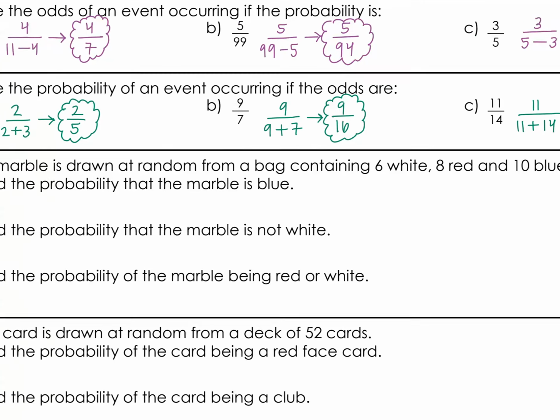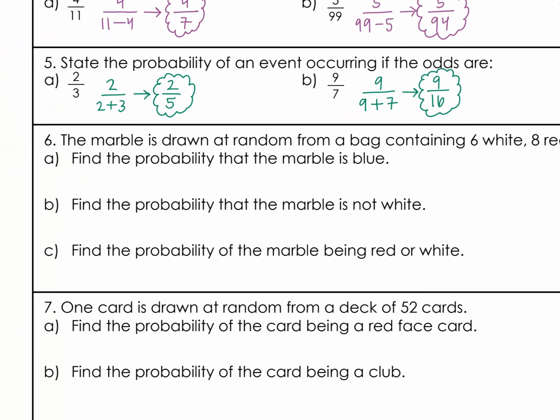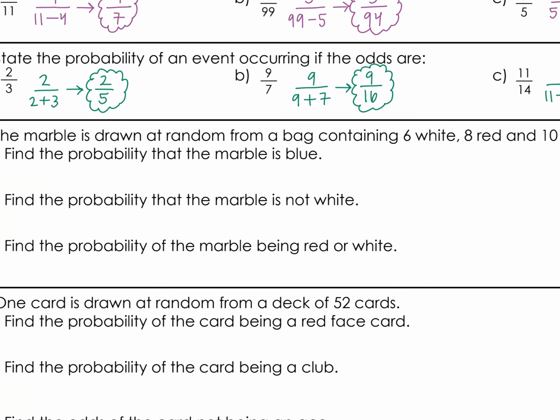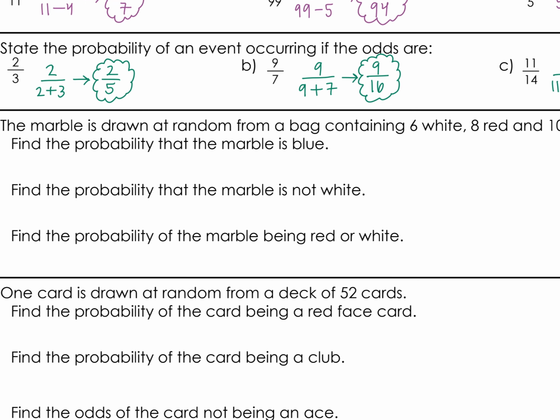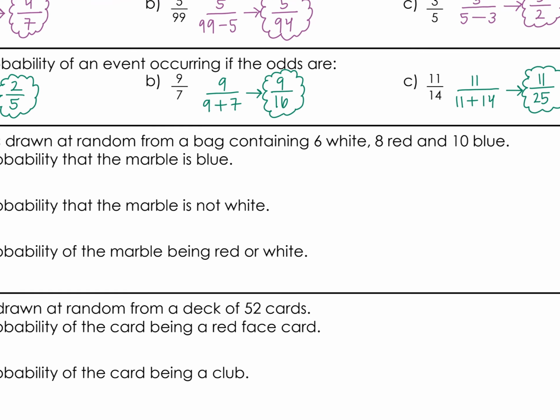All right, so now let's look at number 6. In number 6, a marble is drawn at random from a bag containing 6 white, 8 red, and 10 blue. We are asked to find the probability that the marble is blue.